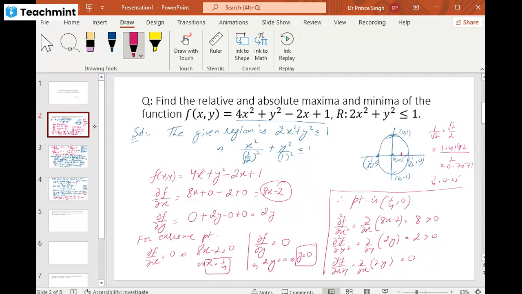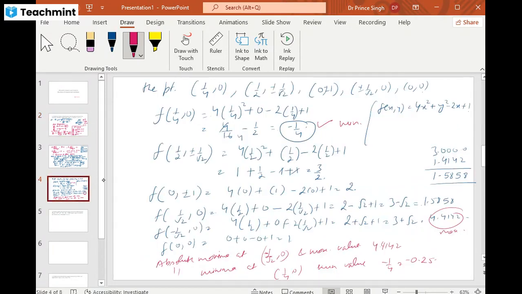Apart from this, we need to check the nature of the function on the boundary of the given curve, as well as on the vertex points also. So where the function attains its maximum value, that is called the absolute maxima, and where the function attains its minimum value, that is called the absolute minima.